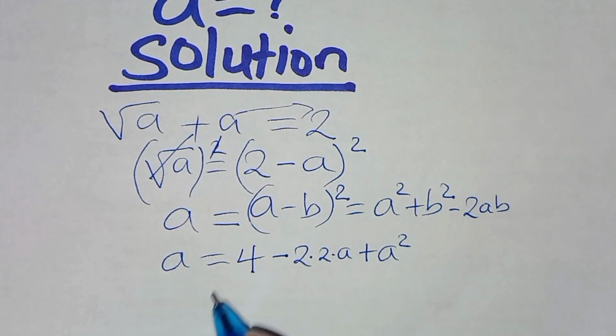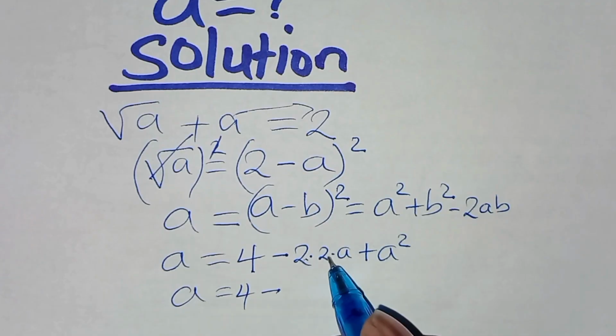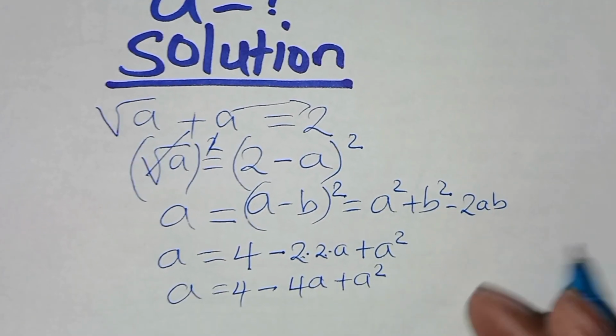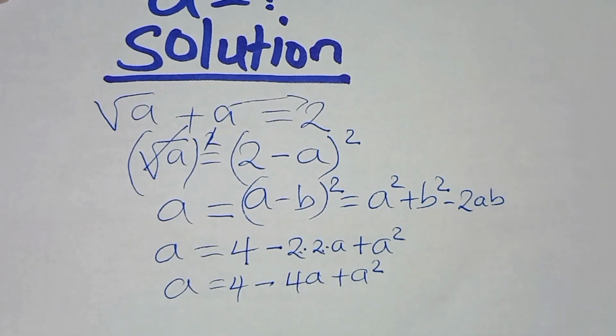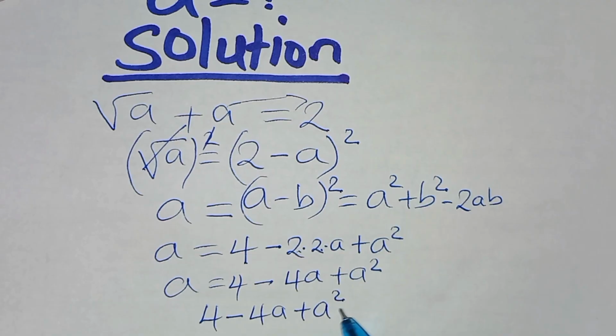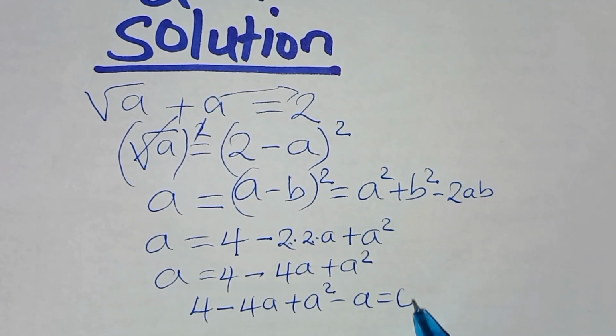Let's take a on the right hand side, so that we'll have 4 subtract 4a plus a squared subtract a is equal to 0.